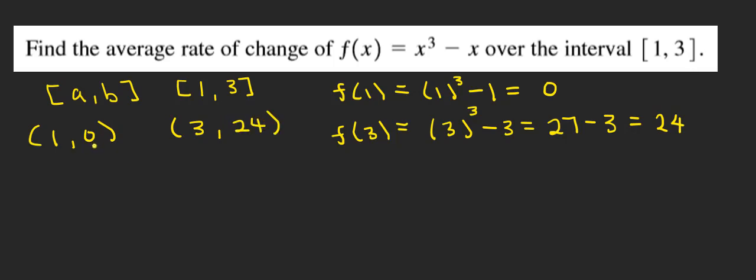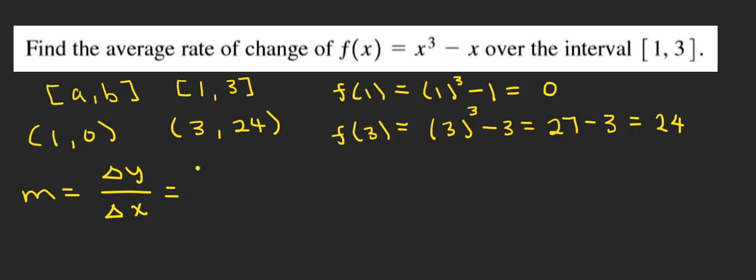So what is the slope of the line that connects 1 comma 0 and 3 comma 24? Well, you know that slope is change of y, delta y, over change of x, delta x.